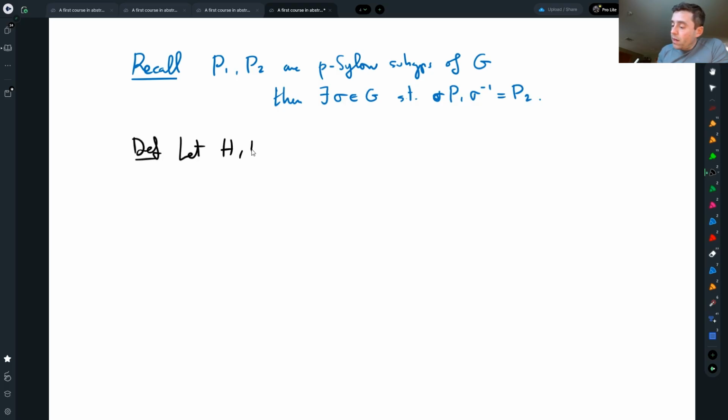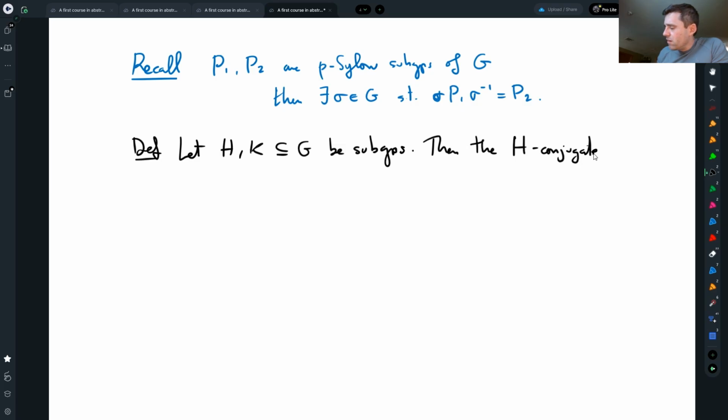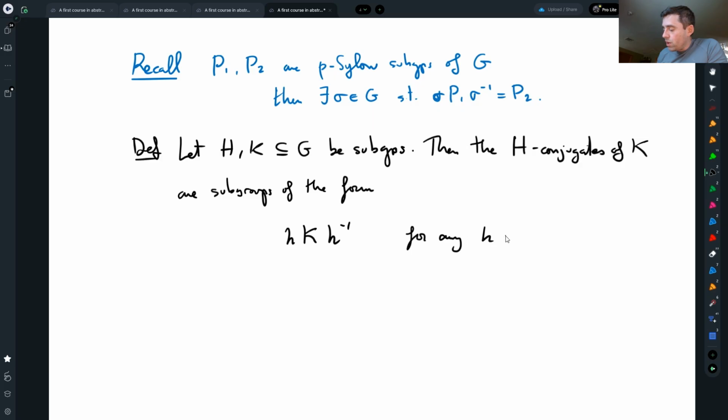Let H and K be subgroups, then the H conjugates of K are all the subgroups of the form h K h inverse for any h in H. So this subgroup, some K prime, let's say, is a conjugate.